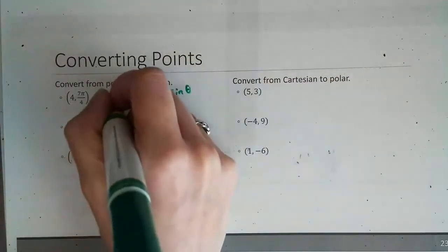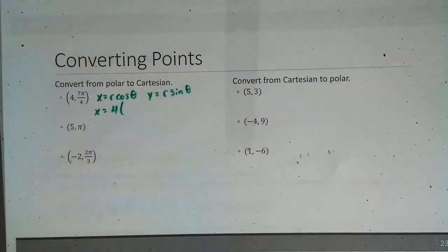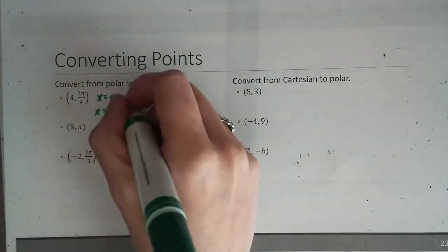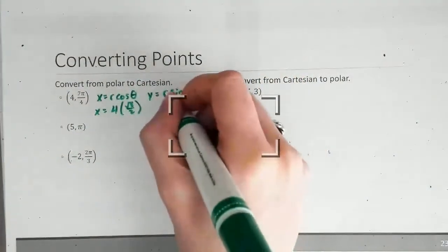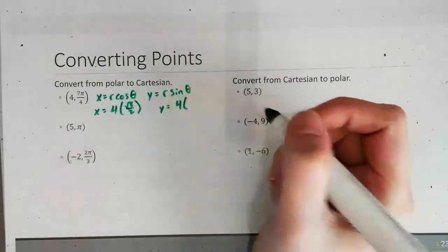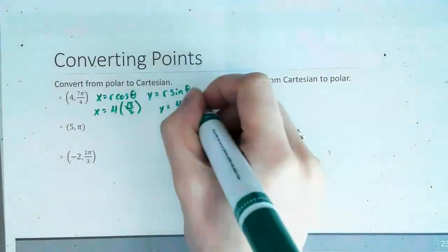So in this case, x will be 4 times the cosine of 7 pi over 4. You're going to want your formula sheet. 7 pi over 4 has a cosine value of square root of 2 over 2. Our y value will be 4 times the sine value there, which is negative square root of 2 over 2.